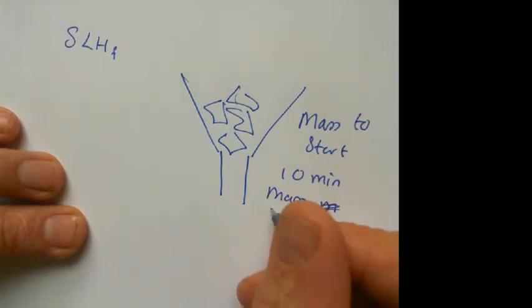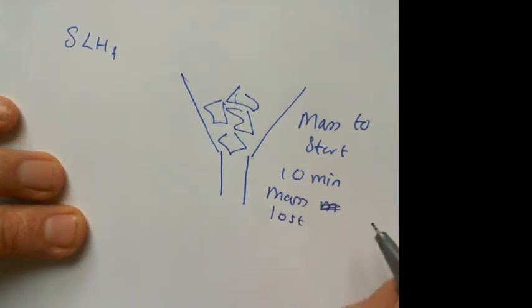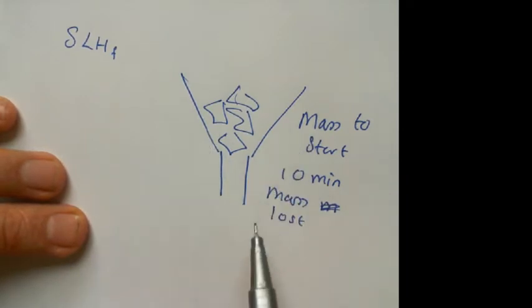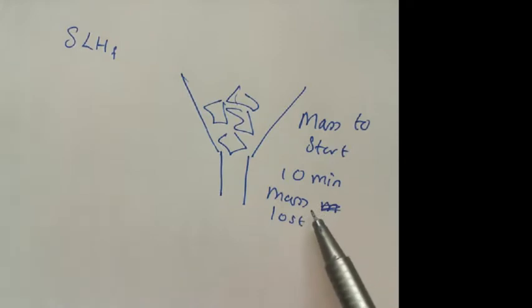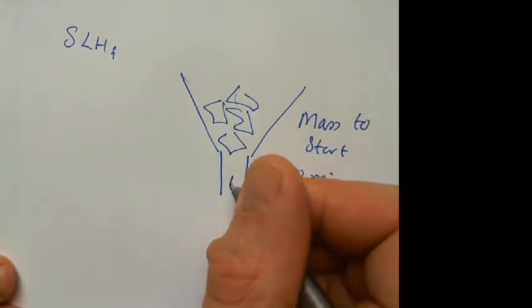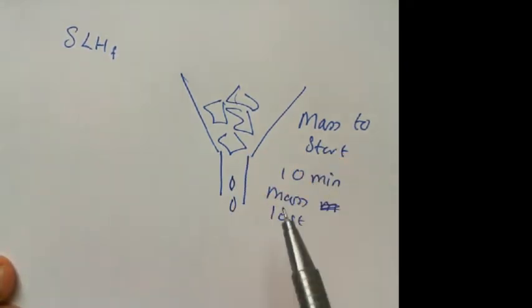So that'll be the mass lost. So I measure the mass to start with, wait 10 minutes, then I can work out how much mass is lost, and that mass lost will be how much is turned into a liquid.